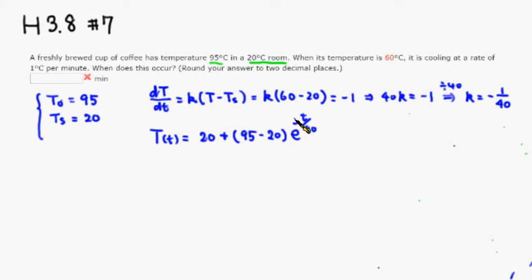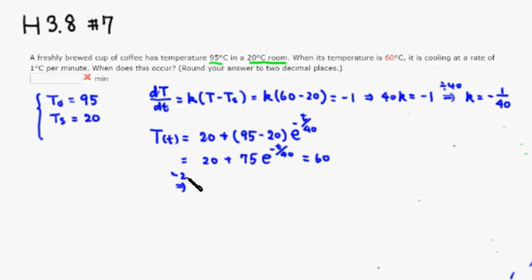If you simplify that, this is just going to be 20 plus 75 e to the -t over 40. Now when its temperature is 60, when does this occur? So we want to set that equal to 60. Then we can just solve this equation.